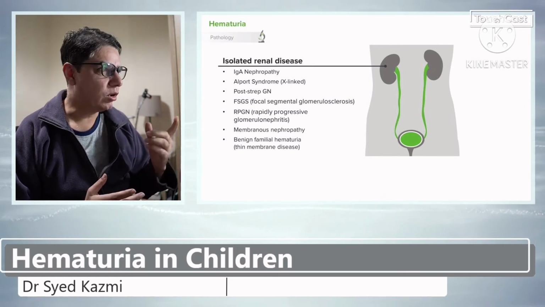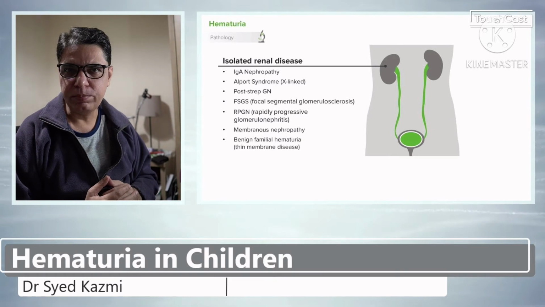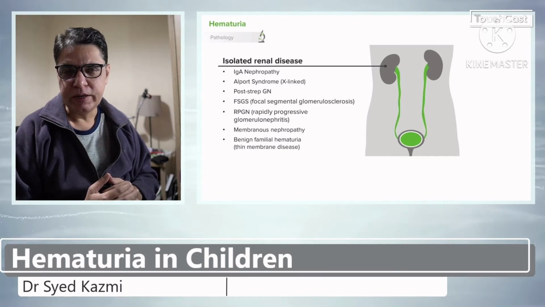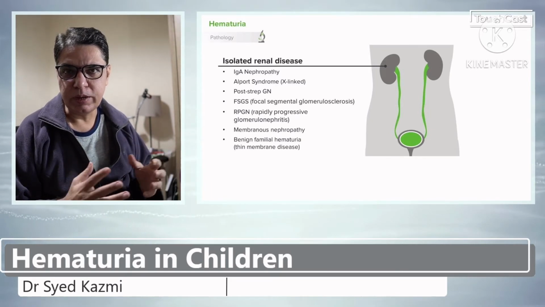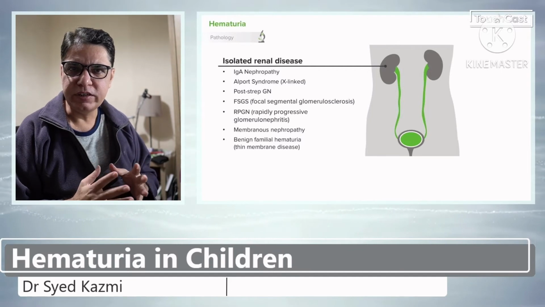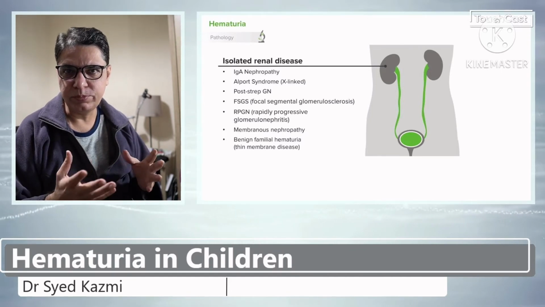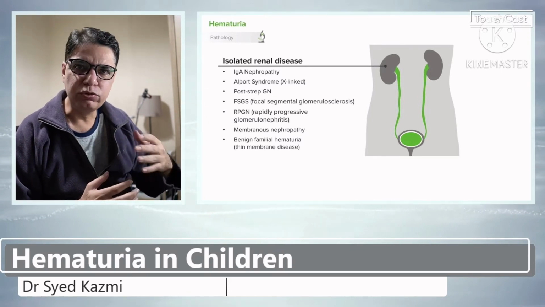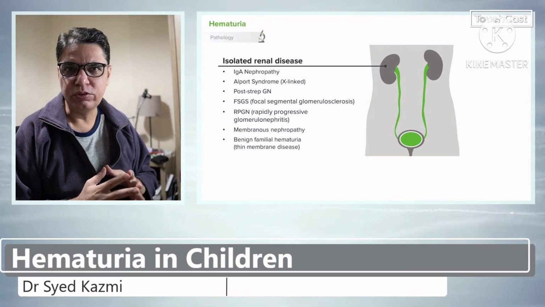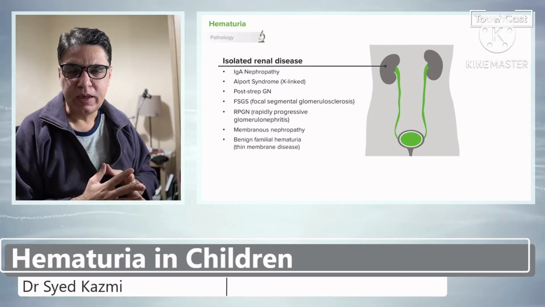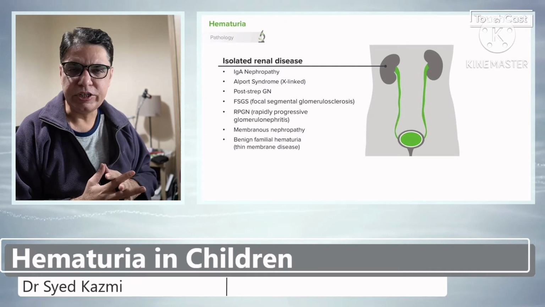I would like to talk about IgA nephropathy. IgA nephropathy usually leads to gross, painless hematuria, and usually there is a history of an upper respiratory tract infection, and after 2 to 3 days the child presents with gross painless hematuria, and that is caused by IgA nephropathy.